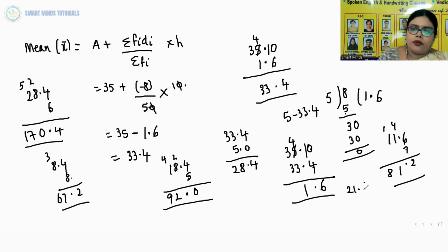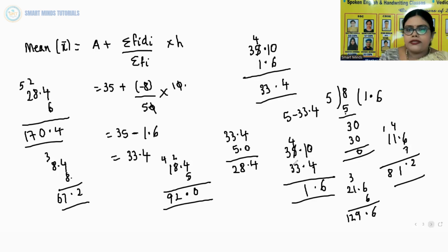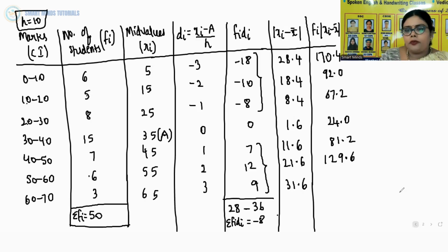So 21.6 into 6. 6 sixes are 36. 6 ones are 6 plus 3, 9. 6 twos are 12. So 129.6. Then 3 into 31.6. So 31.6 into 3. 3 sixes are 18. 3 ones are 3 plus 1, 4. 3 threes are 9. So this is 94.8.